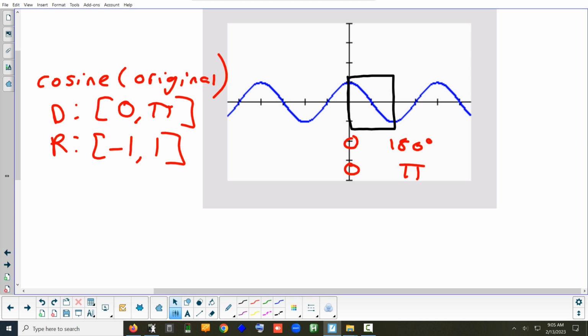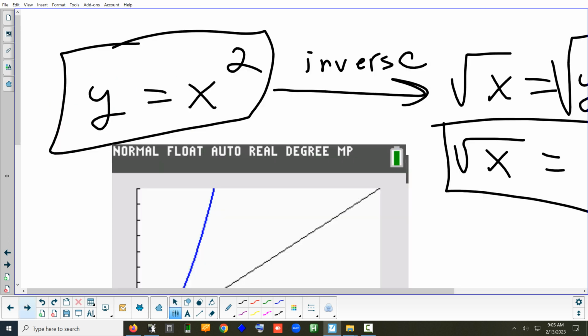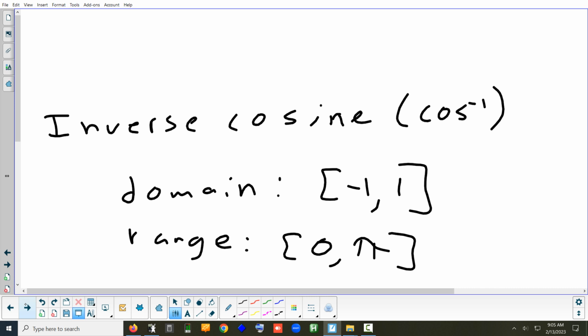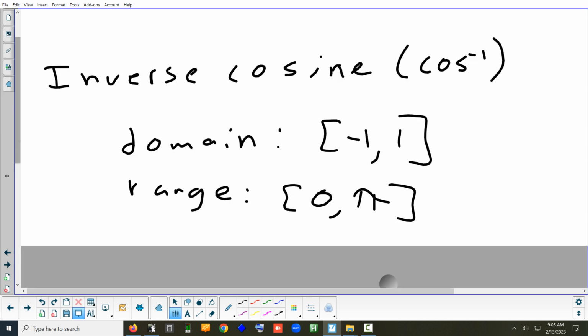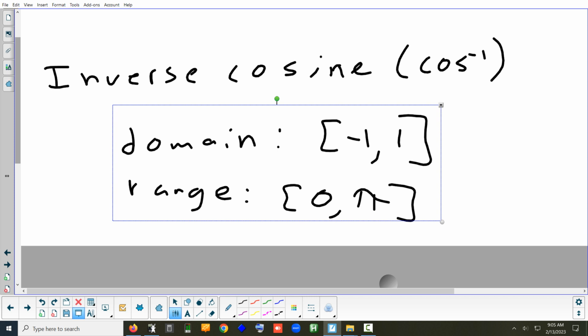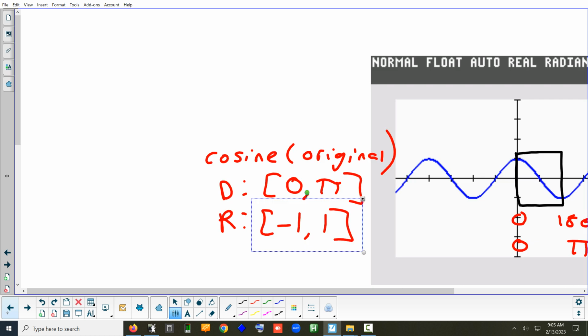They're going to switch. So your domain is going to be negative 1 to 1. There you go. Domain for inverse cosine, negative 1 to 1. And the range is going to be 0 to pi. Because here, the domain was 0 to pi. So they just switch places.